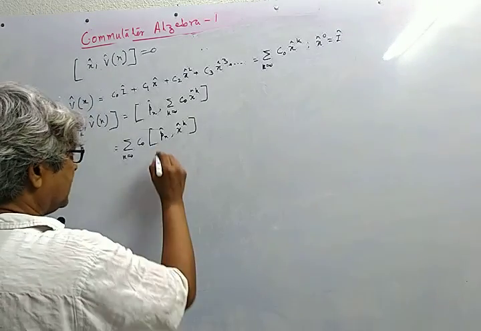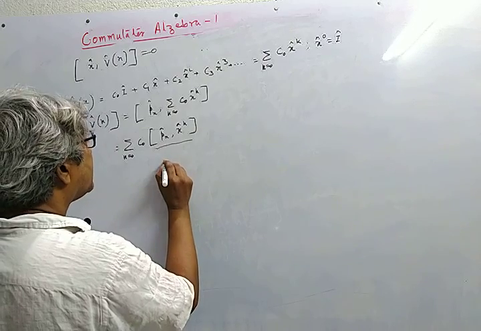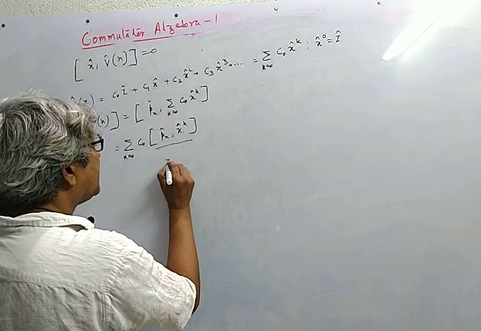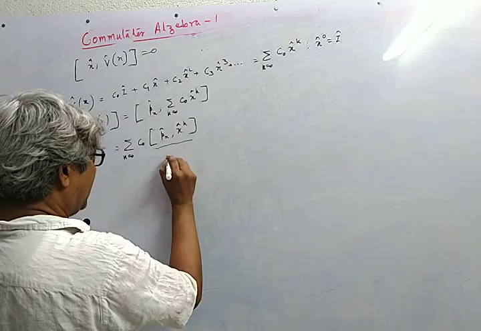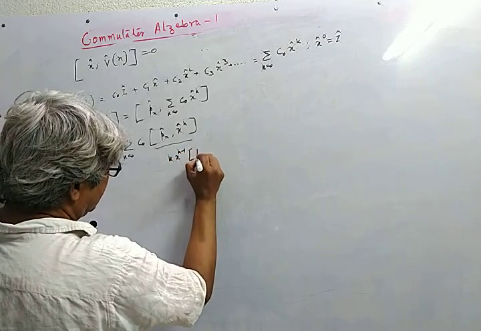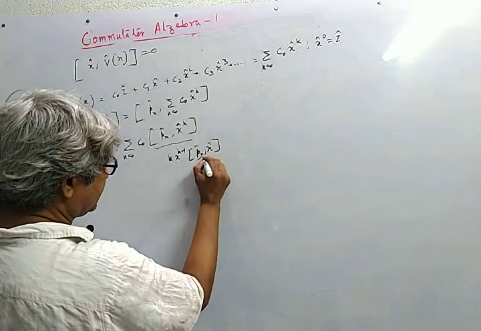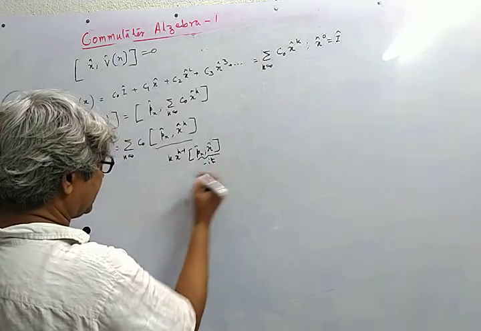This result, we know, is k x to the power k minus 1 times the commutator of px with x, and this is equal to minus i h cross identity.